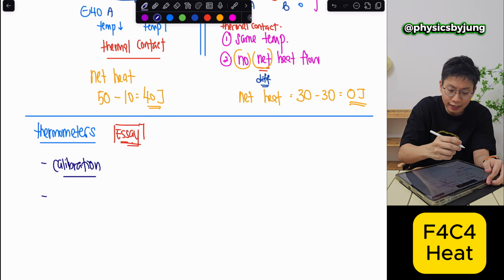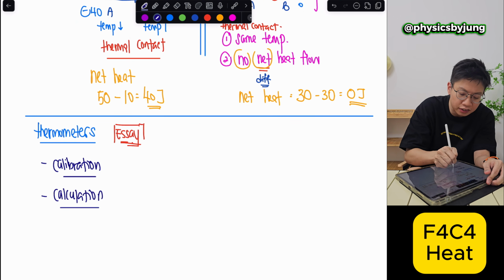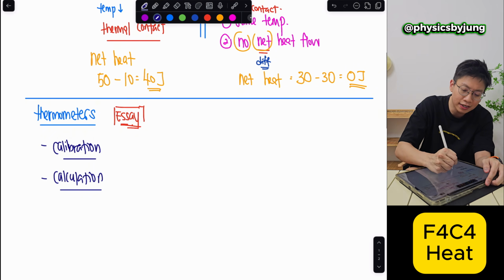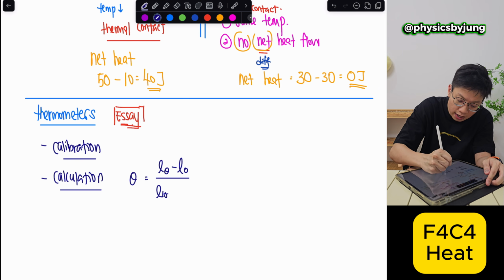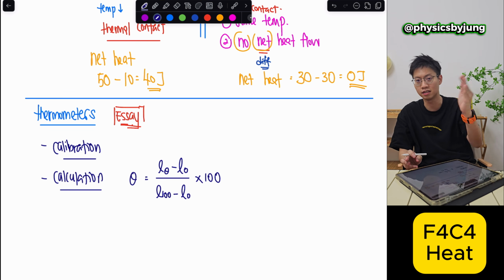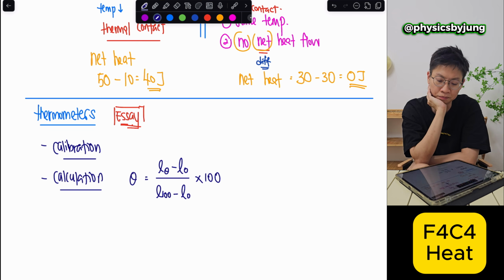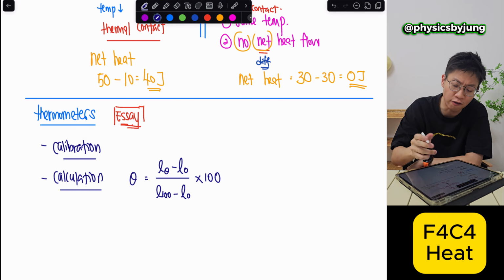Number two, the calculation of the calibration in the thermometer. So whereby you take L theta minus L0, over L100 minus L0, times 100. That gives the temperature. So yes, you need to know this formula.